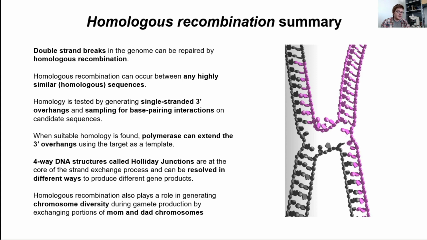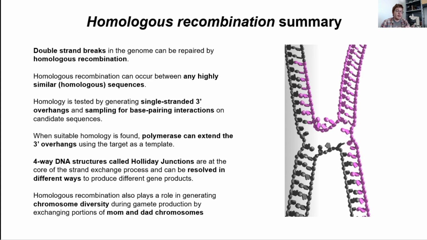Now, during this process, 4-way DNA structures called Holliday junctions form, and it's important to get a picture of those Holliday junctions in your mind, because they're at the core of this strand exchange process. And then depending on how you resolve them, different gene products can be produced from the recombination process.